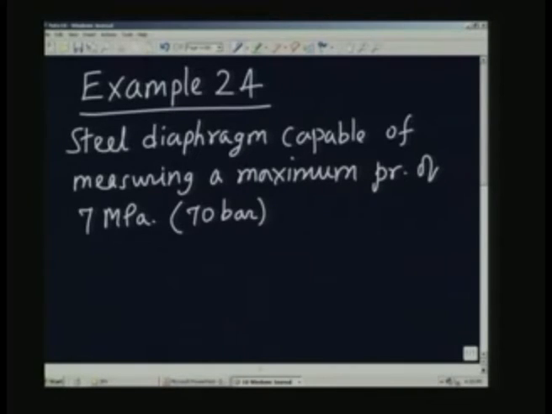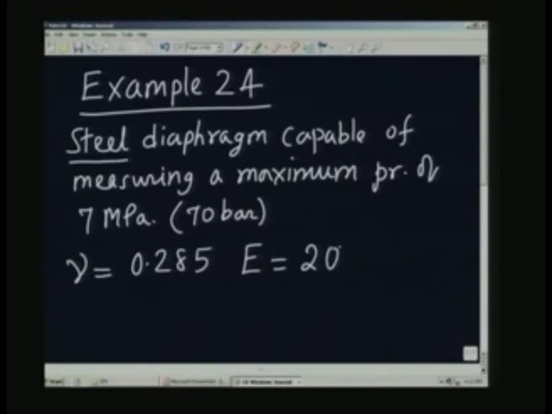Okay. So, we will assume that the steel material has a Poisson ratio of 0.285 and the Young's modulus E is 207 gigapascals. These are assumed for the material we have chosen for the diaphragm.